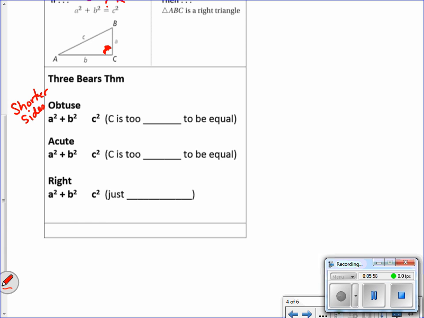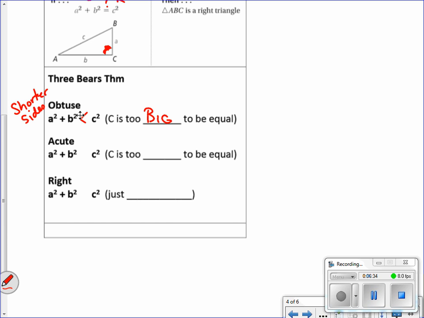If I take the two shorter sides and I square them and then add them together, and I take the third side, which is the longest side, and square it, and I compare that and find that a squared plus b squared is less than c squared, in other words, c squared is too big to be equal to it, right? It didn't actually equal it. It ended up being bigger than a squared plus b squared. Then we find out this is an obtuse triangle, okay?